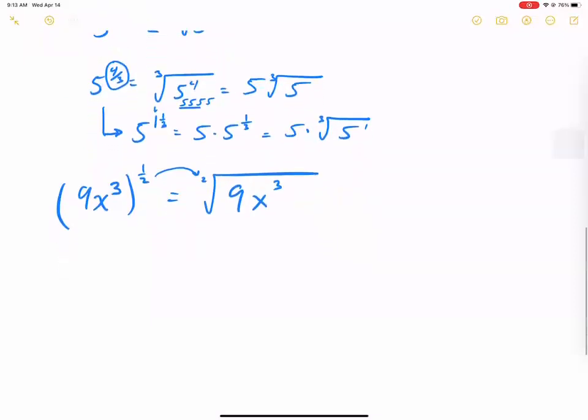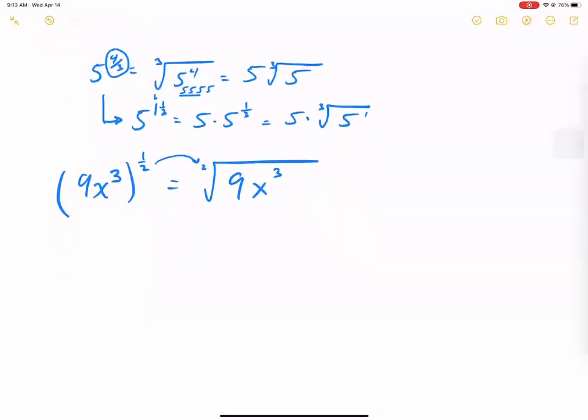Now, looking at this both ways, if you guys remember our powers, when it comes to multiplying, we can separate those: 9 to the 1/2 and x cubed to the 1/2. We can write it this way if you can distribute that exponent, because there's no plus or minus inside.